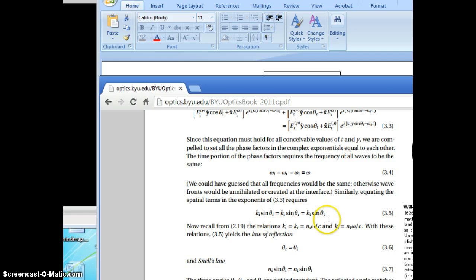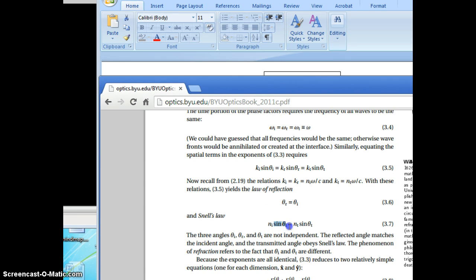That's what that tells us. k is n omega over c, and then all the c's would cancel out. So we're left with n sine theta i equals n_t sine theta t, and also by consequence the law of reflection, which is because our n's are the same for incident and reflected light, so therefore angle in is angle out.